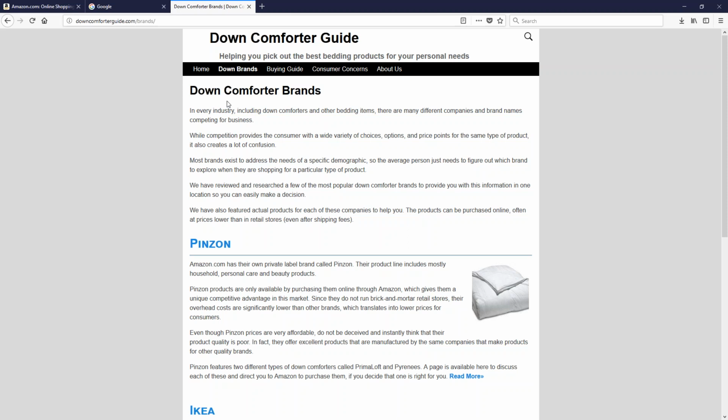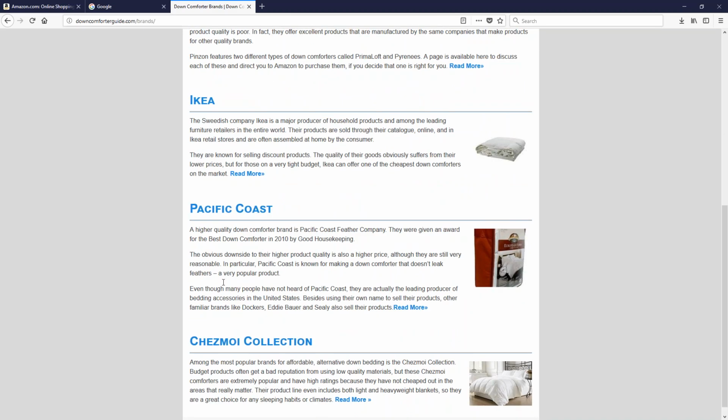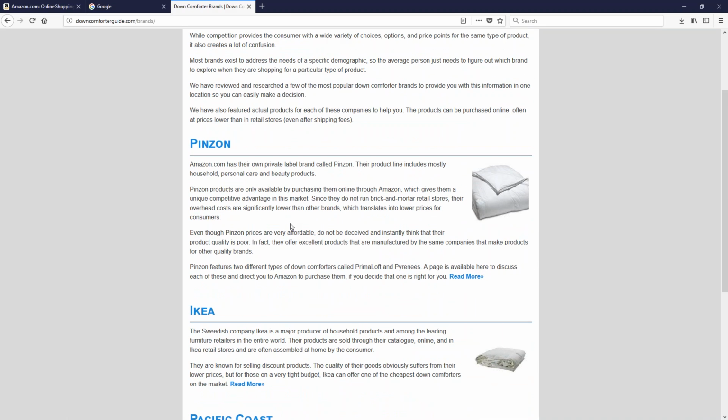I believe outside of the pages that are linked from this page, there may only be one other page on this entire site that has any kind of advertising on it. So all of these are brands of this particular type of product. And then going down this page, I have a section on each of these brands. And then each of these sections links up to the more expanded page on that topic.